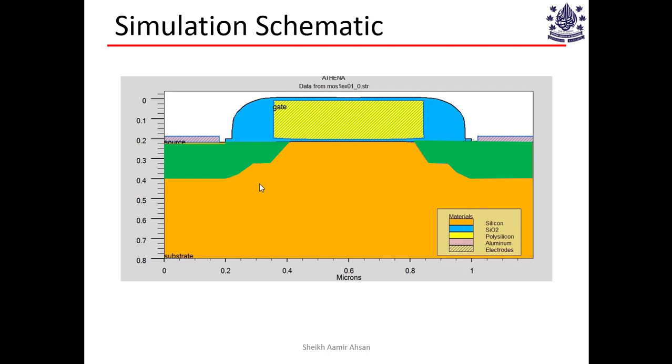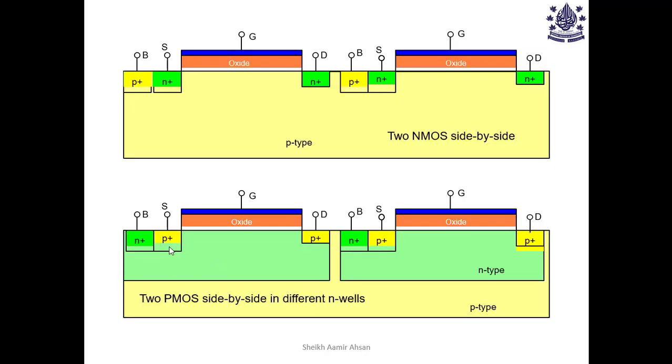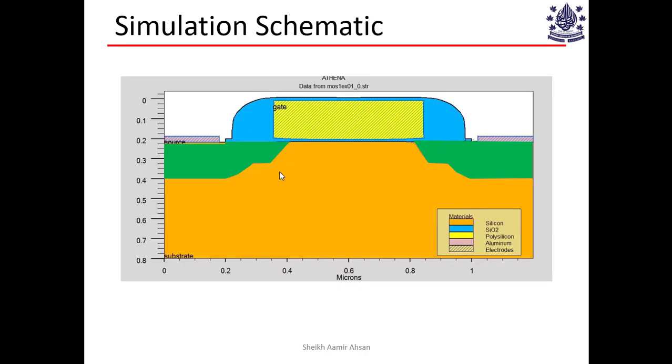Also note one more thing, that in these cartoons, your source and drain are shown totally not overlapping with the gate region or the channel. That is not true. In reality, there is some overlap. In fact, this is called an underlap. The source doped region does extend underneath the gate. This is called the source-gate underlap.